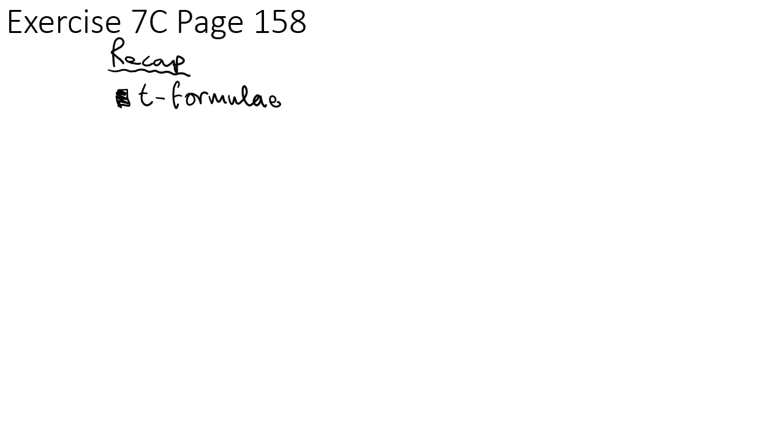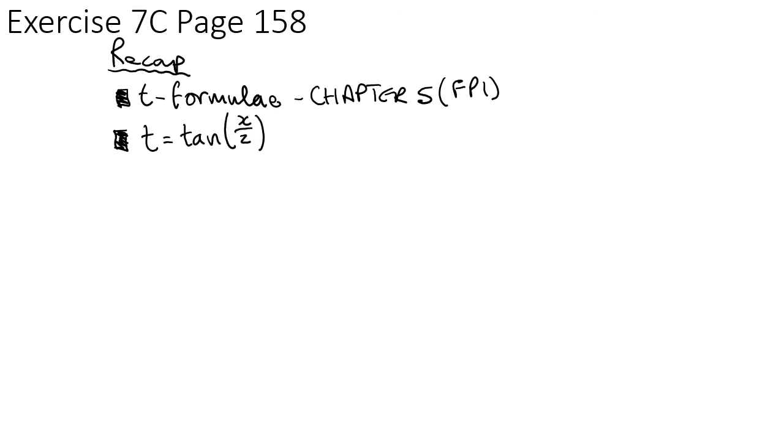In fact, you'll find those in chapter 5. And that's the Further Pure 1 book, the one I'm currently working on. So we'll use this if, for example, we're substituting limits, and there's the other ones for sine, cos, tan, and so on.